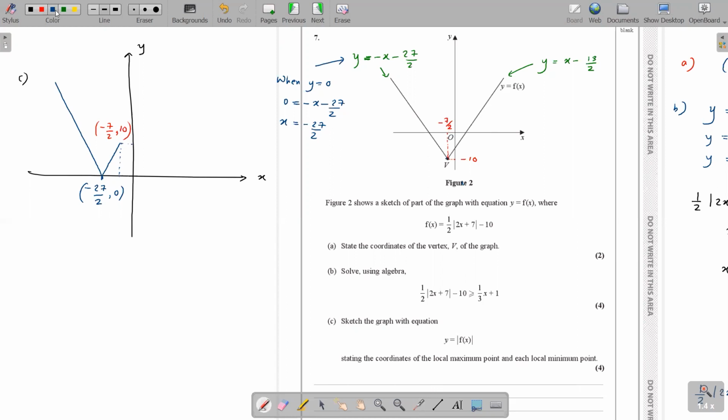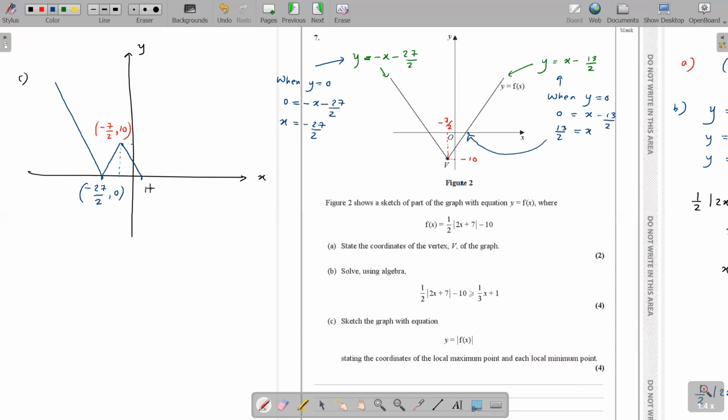So again, the next part of the graph is where the V meets down here. So that part, you take it down over here. How much is that value? So make y zero in this graph. When y is 0, 0 equals x minus 13/2, which gives me x equals 13/2.